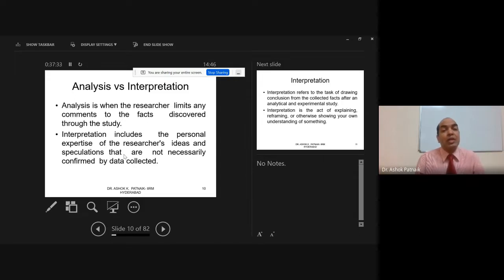So he is bringing in that concept. When you bring in your own ideas, concepts, speculations, and relate or publish them with that analysis, that is called interpretation. Otherwise, analysis just deals with data. It says only what the data is saying. The picture of data only talks. It is not going to say something from its own or from the researcher's perspective.